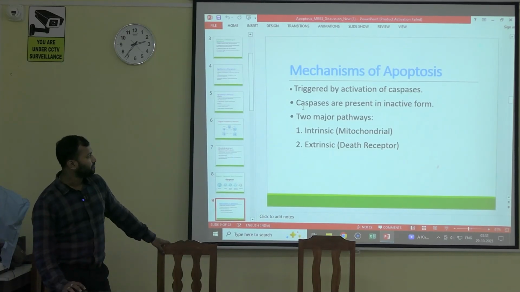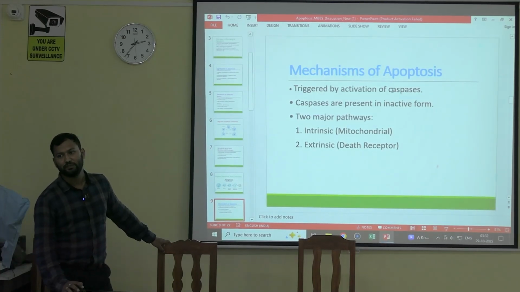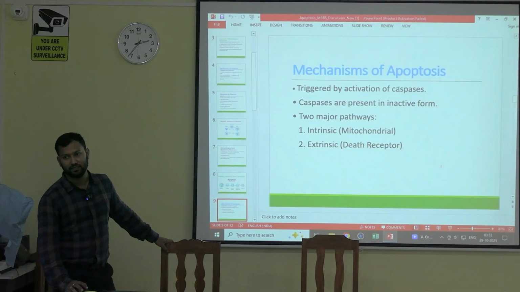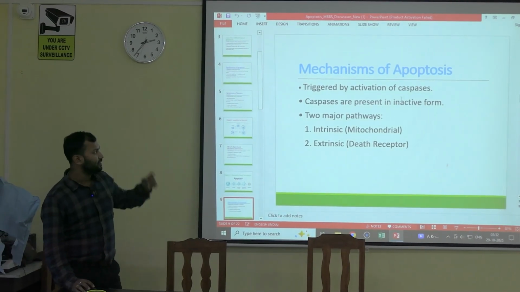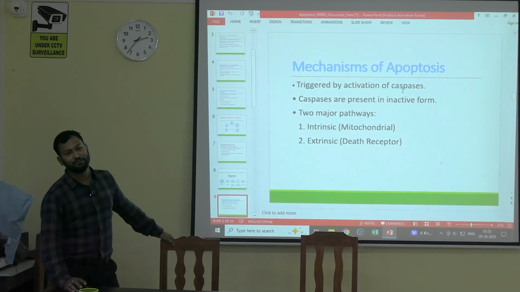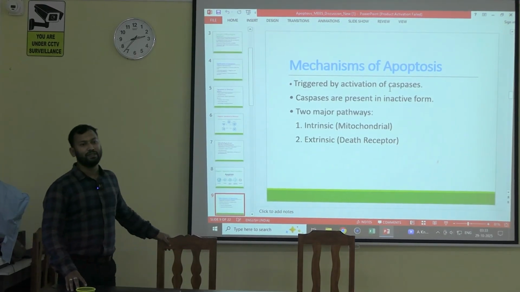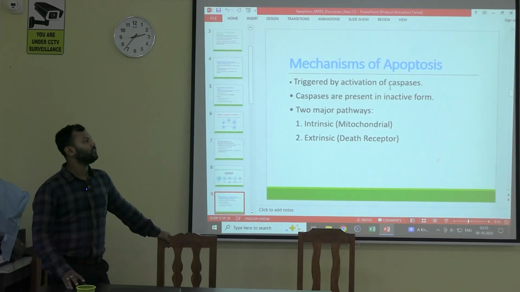One is triggered by activation of caspase. Caspases are proteins which trigger the breakdown of the cells, the cell membranes, or the altered cells. They are activated in many steps. Firstly, these caspases are in inactive form, and due to some reasons, by following some pathways, they will be activated.